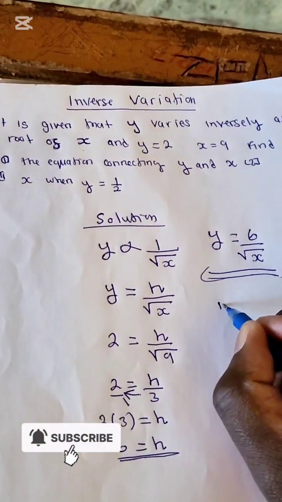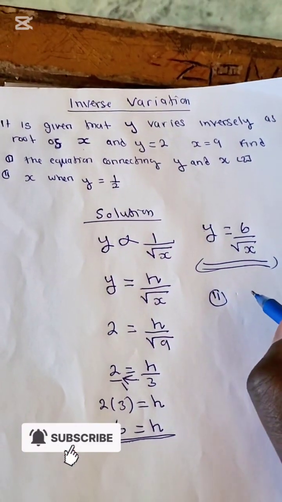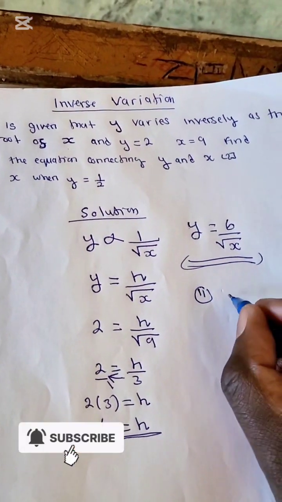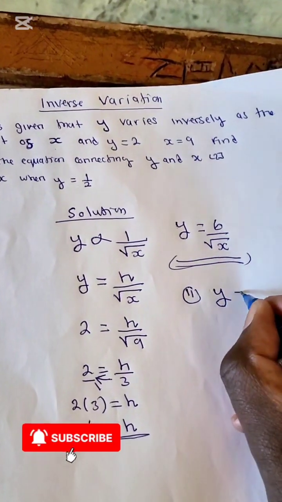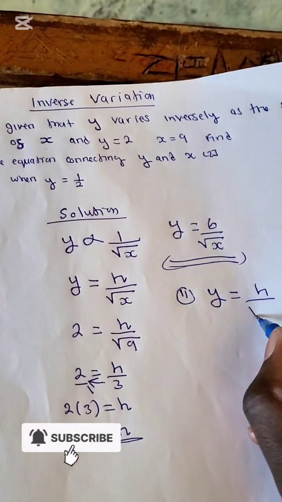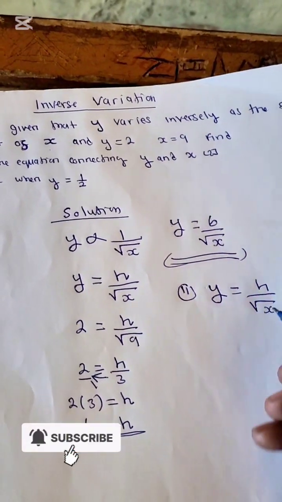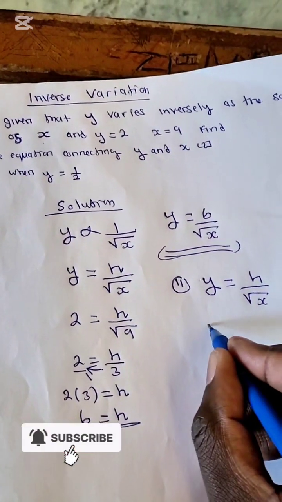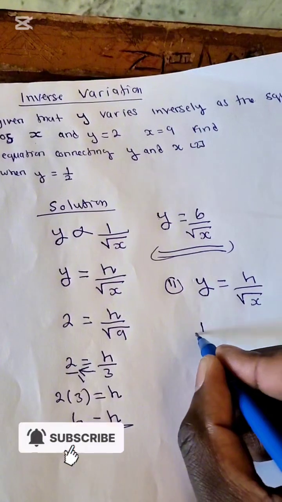Now to item 2 of the question: we want to find x when y is equal to a half. We use our equation, y is equal to h, which is our constant, over the square root of x. y is given as a half, or 0.5.